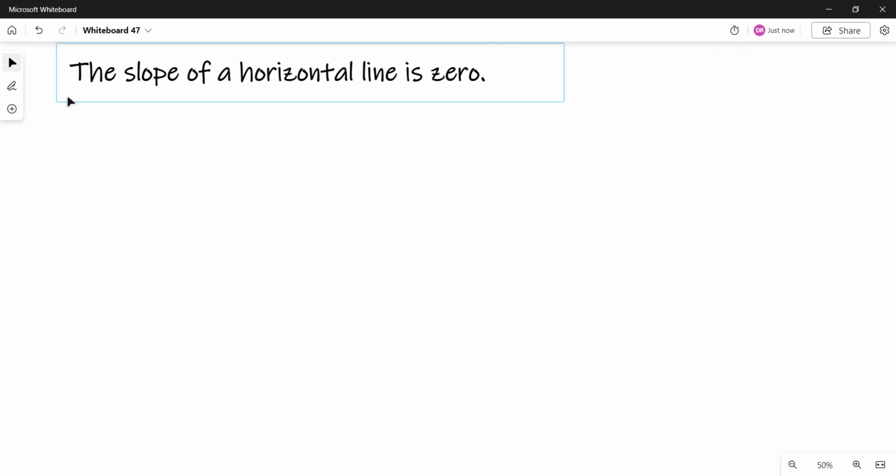Okay, so the first form of the equation of a line is the slope-intercept form, and that's going to be the most important one.